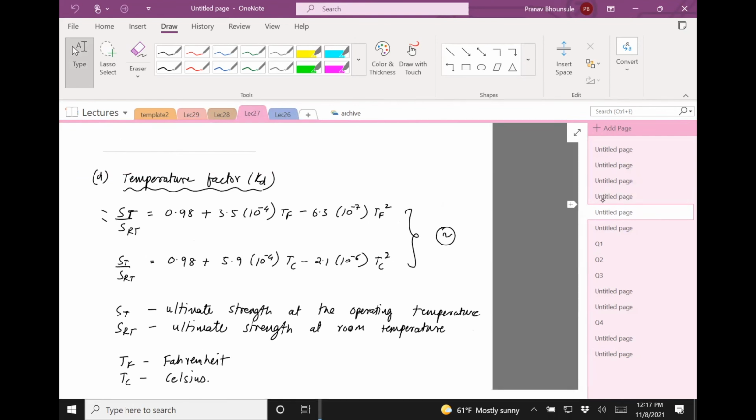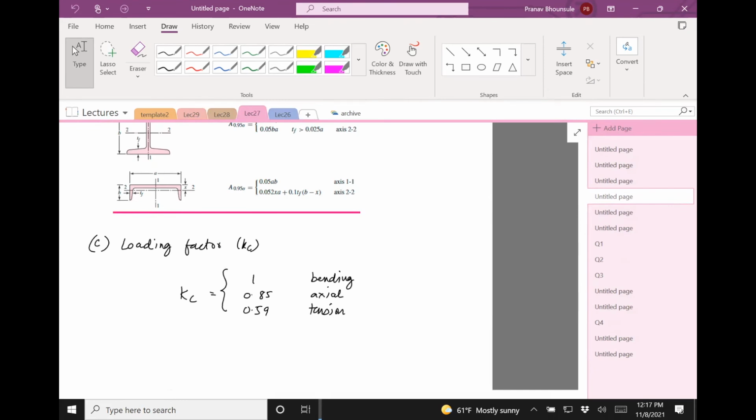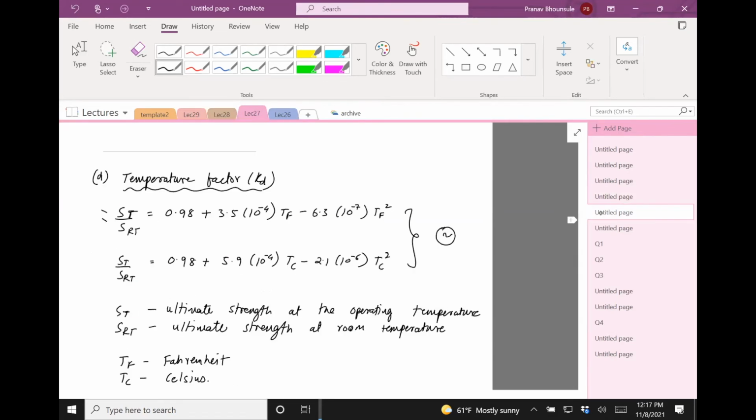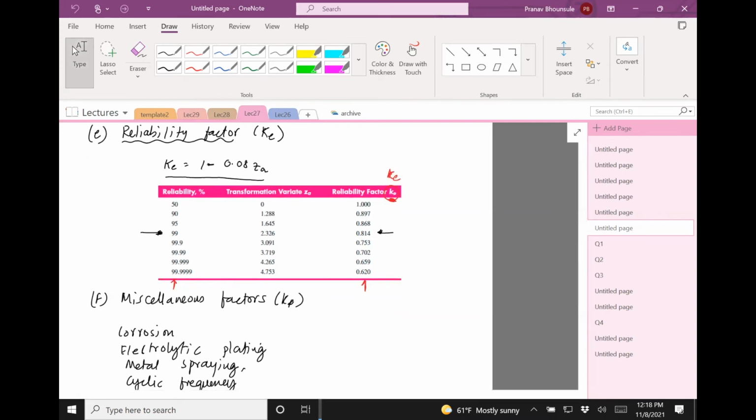The temperature is KD, so there's no temperature effect, so we can ignore it, and it's 1. KC is the loading factor. Since it's bending, KC is simply 1. There's no temperature effects, so KD is 1. For reliability, we've not been told anything, so we'll just take it equal to 1. And then there's no miscellaneous factor. So KC is 1 because it's a bending experiment, and the remaining are all 1.